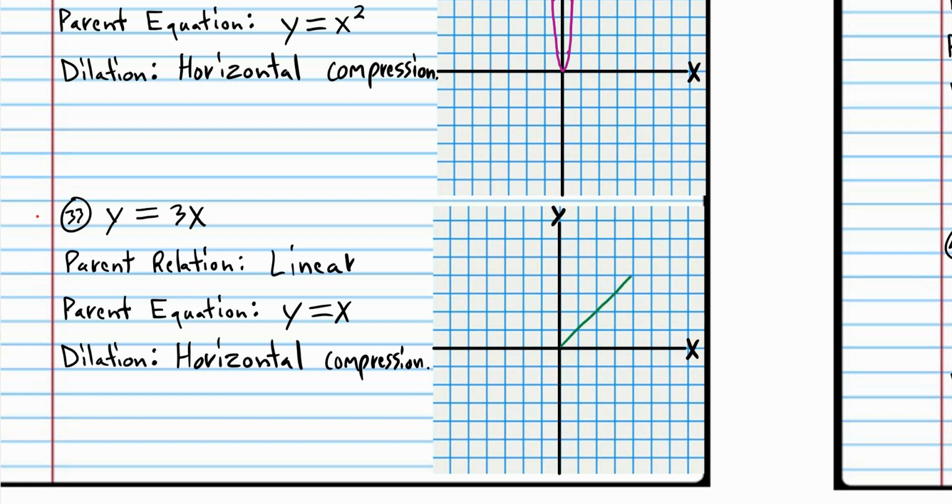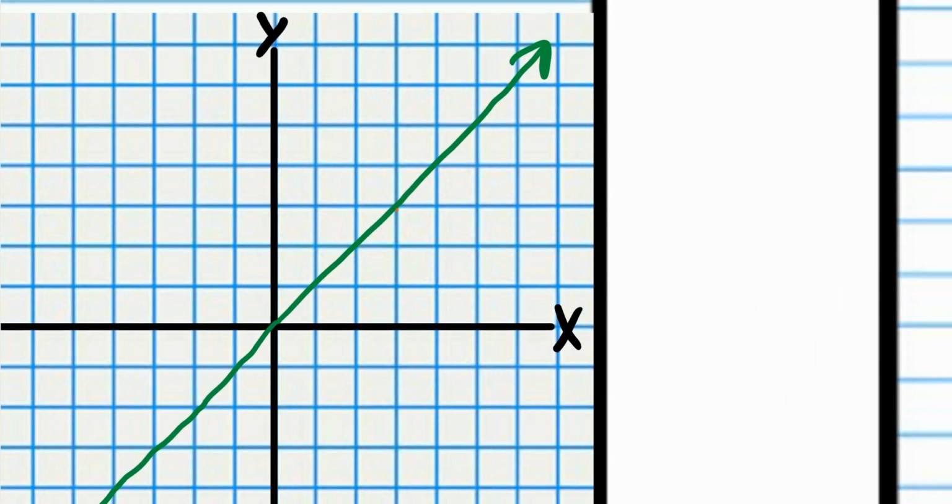It's going to look like this if you look at your library of relations. But we're going to take all the x values and divide by 3. Again, it's the exact opposite of what you would think. So we have an x value of 3 here. We're going to divide it by 3 to get 1. Now we have an x value of 6, divided by 3, and we get 2.